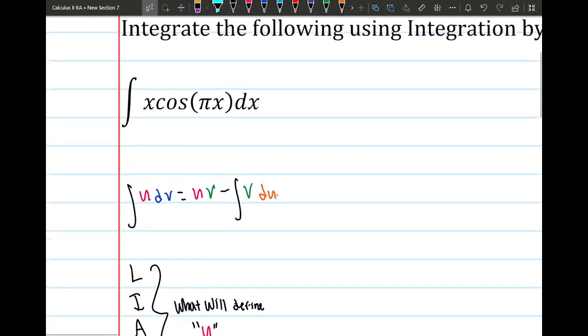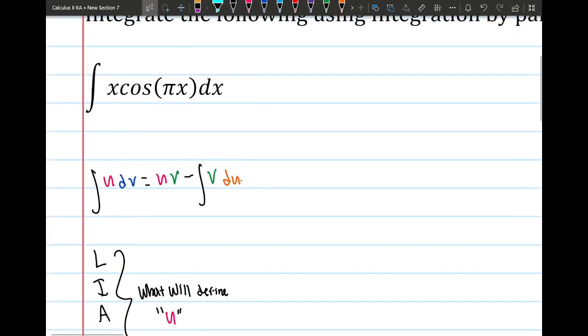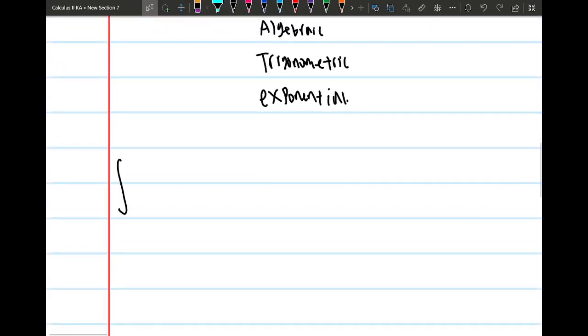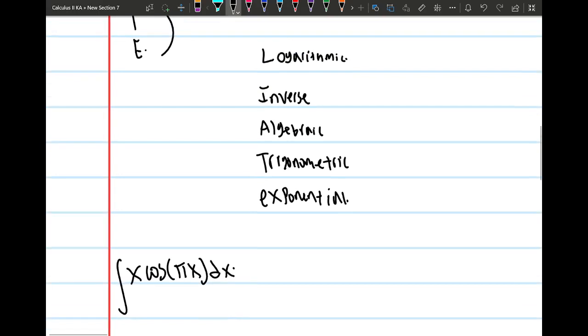Now, looking at the problem, let me go ahead and rewrite it. We have the integral of x cosine of pi x dx. Notice that according to this, there are two things going on here. There's an algebraic expression, so this is algebraic.